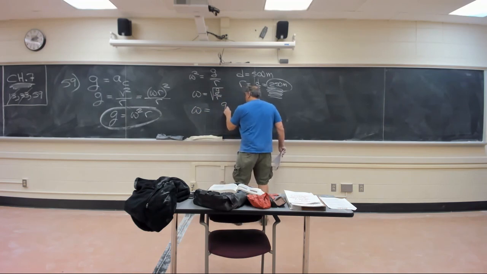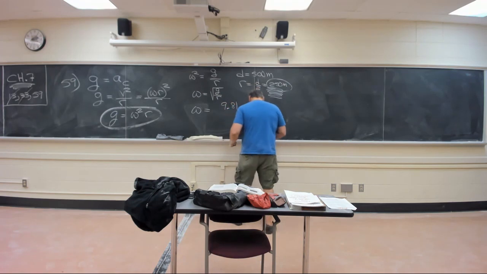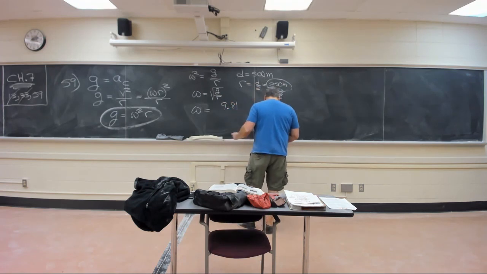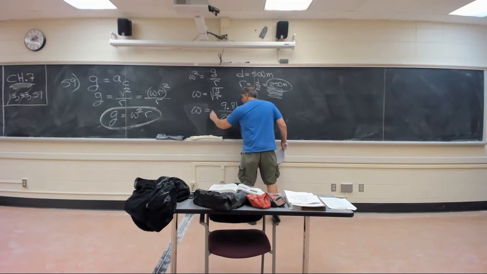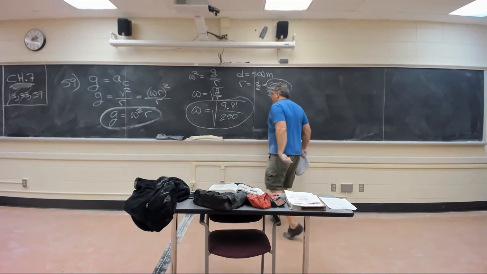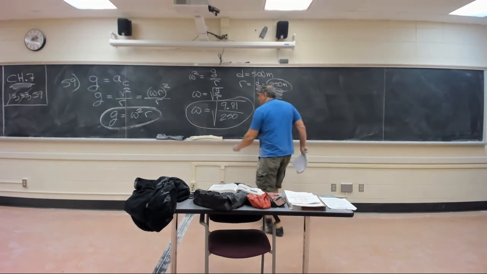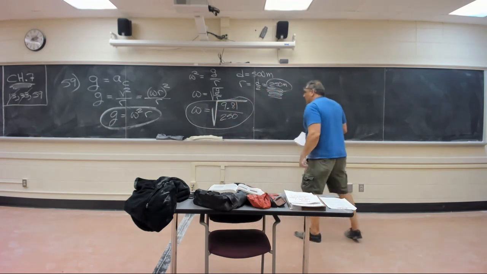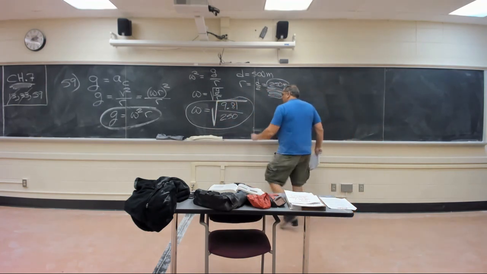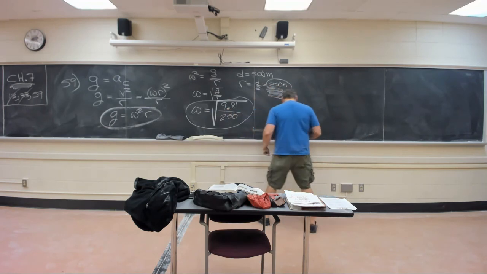This is 9.8 or 9.81. What did I use? I don't even know. Yeah, I think we used 9.81. The radius is 250. That's going to be omega. You're going to do this: 9.81 divided by 250.